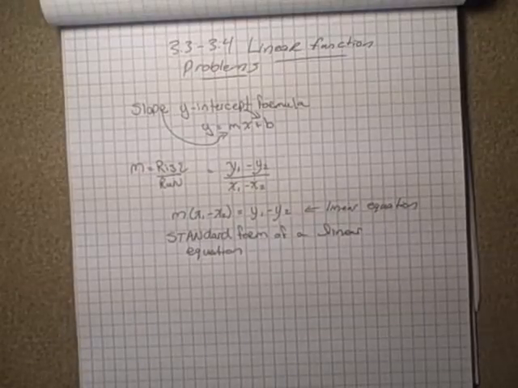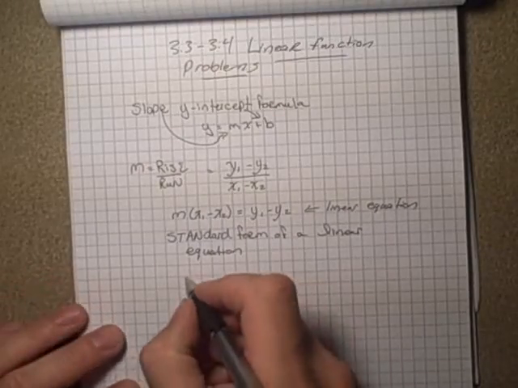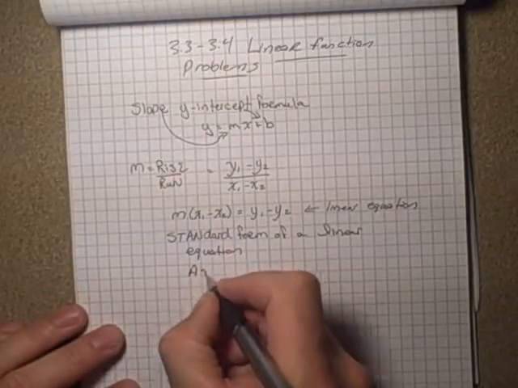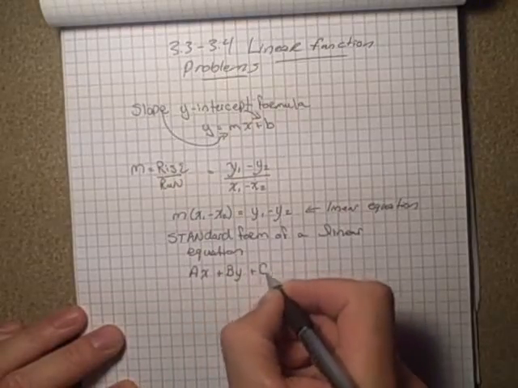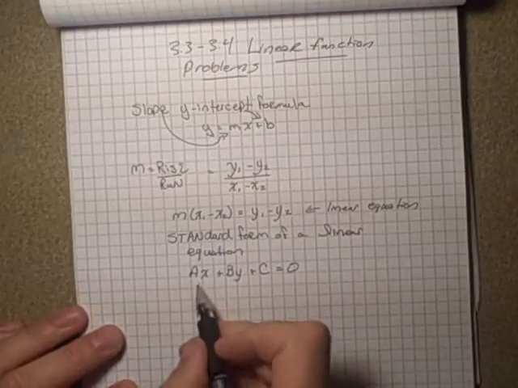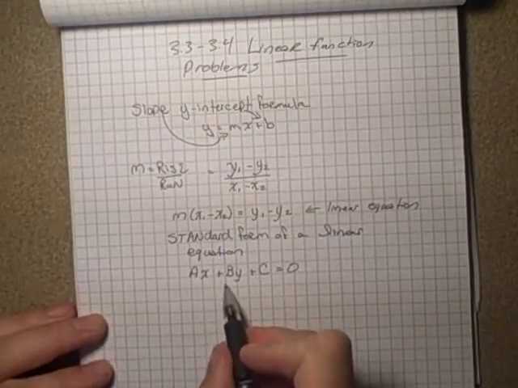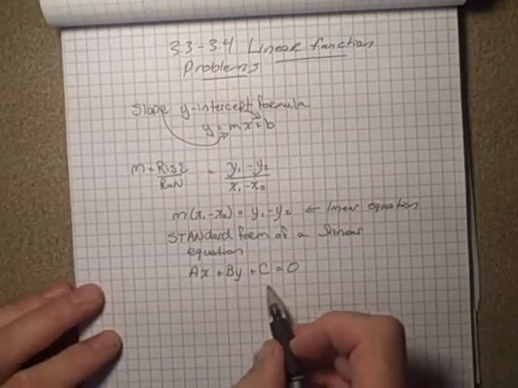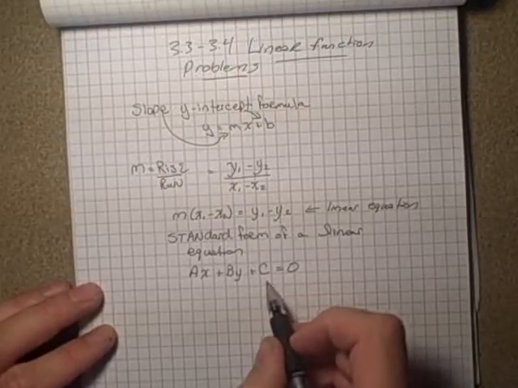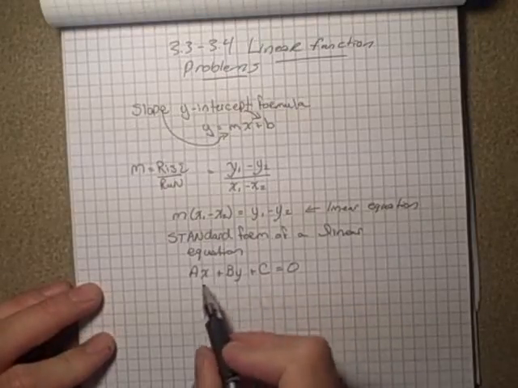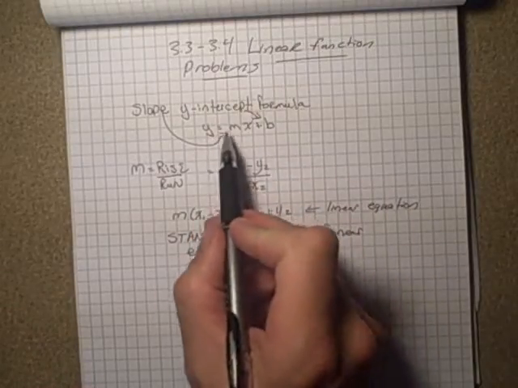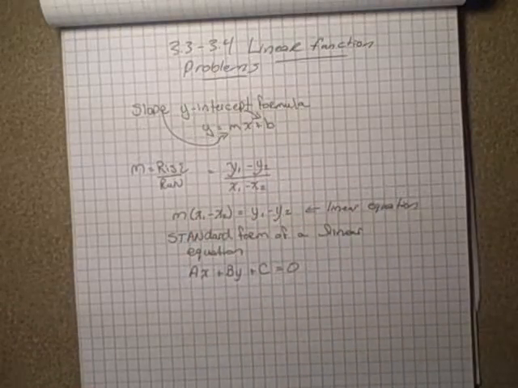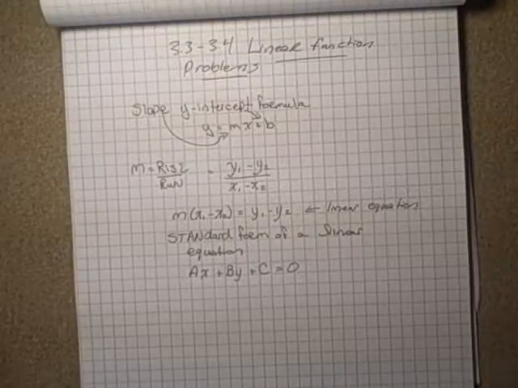And that would be ax plus by plus c is equal to 0, where a is the coefficient in front of the x, b is the coefficient in front of the y, and c is the number. You just basically equal everything to 0. And this is a standard form, even though the other is the y-intercept form. So we're going to look at some questions in this area with the linear equations as well.